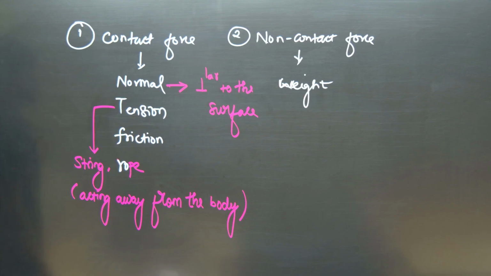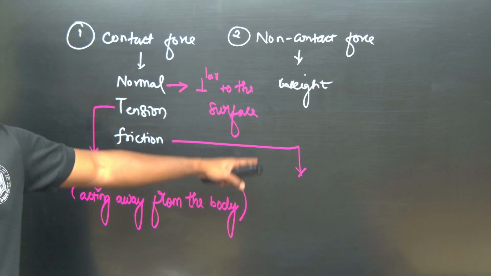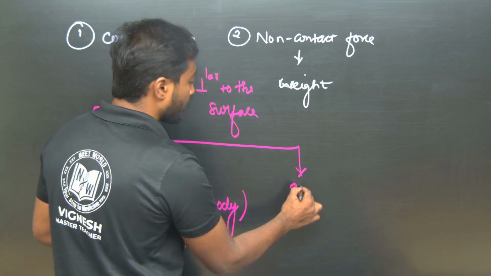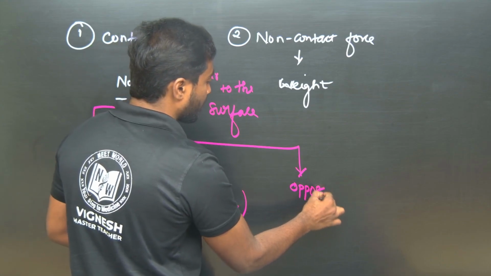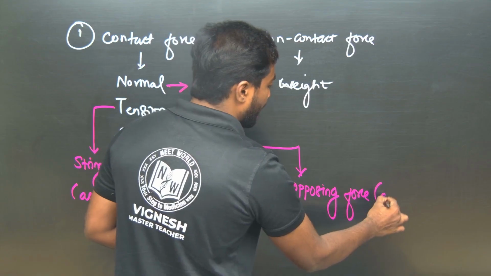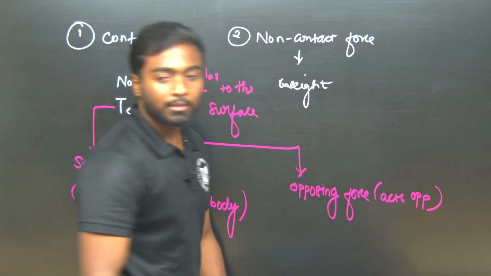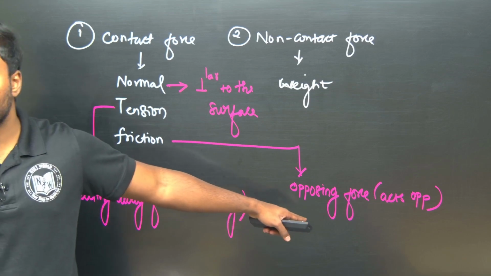This is my tension. What about the friction now? Friction is the opposing force. It acts opposite to the body.